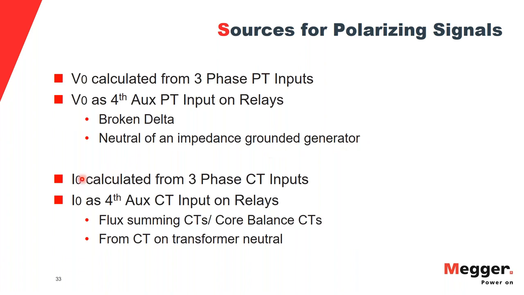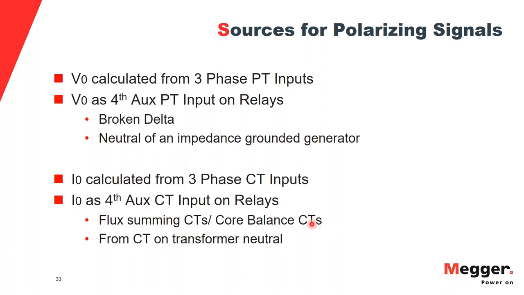Similarly, zero sequence current can be calculated from your three-phase CT inputs, which are there. So the relay can calculate the zero sequence quantities inside the box, or sometimes they have a fourth auxiliary CT input, just like the PT input on relays, where you can use that special input to look for zero sequence current measurement. That fourth auxiliary CT input can be connected either to your flux summing CTs or core balance CTs.